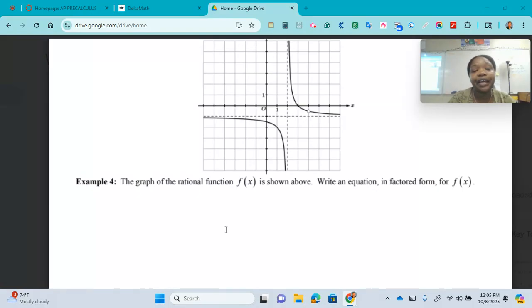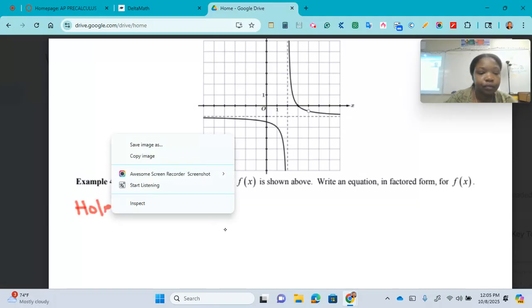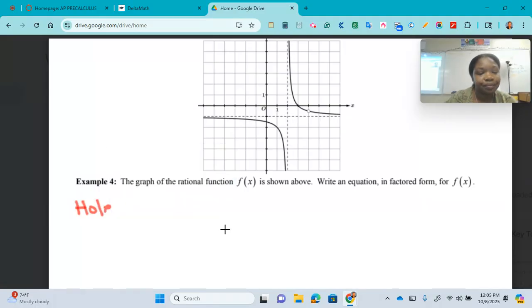We have a horizontal asymptote. We have a hole at x equals 4. Excellent. One of our factors in the numerator and the denominator is x minus 4. And a 0 at 3. So x minus 4 for the numerator and the denominator. And you said we have a what at 3?